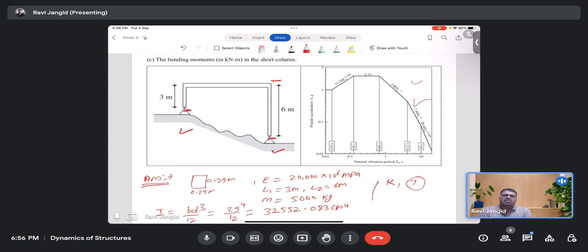So how much would the time period differ? 1.1452 seconds if you consider the column weight, the full weight. That is coming 1.14, and without this it is coming out to 1.107. So if you go with this, how much will your A change?